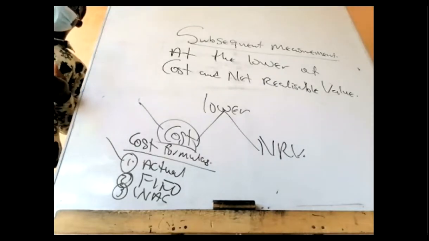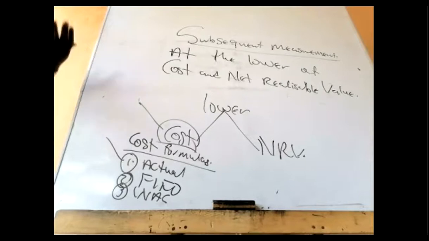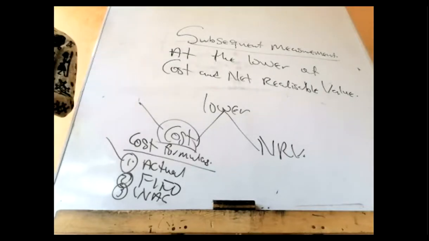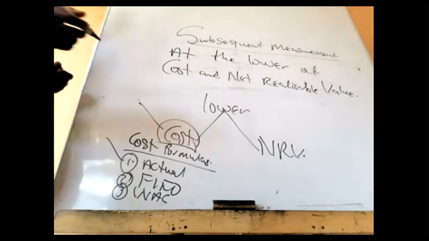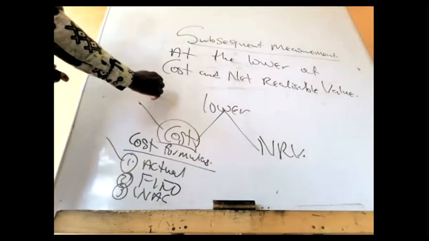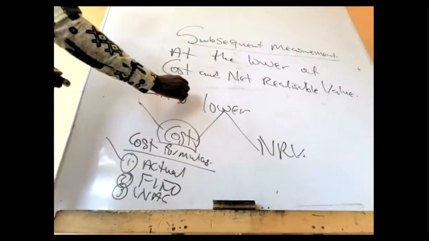So in an environment or market where your prices are going high, and they change often and vary, you use the retail one. However, there was one that we know, LIFO, last in, first out.